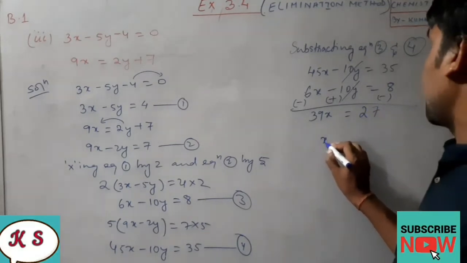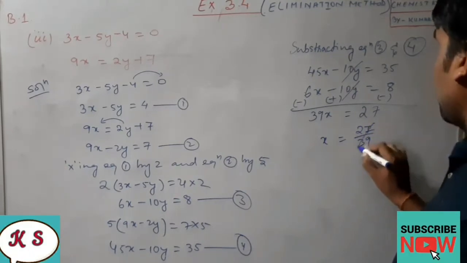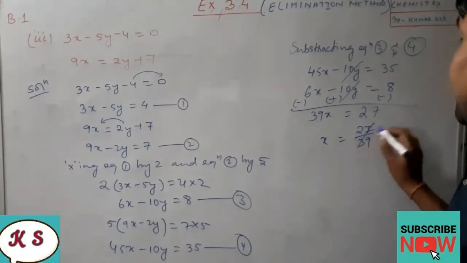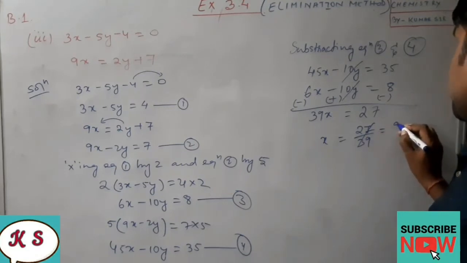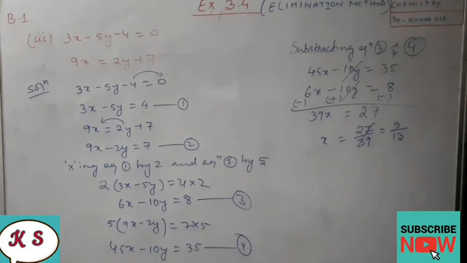So x will be equal to 27 divided by 39, which is 9 by 13, since 3 nines are 27 and 3 thirteens are 39. So we got the value of x.